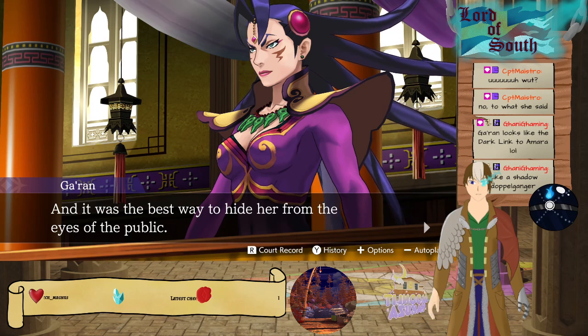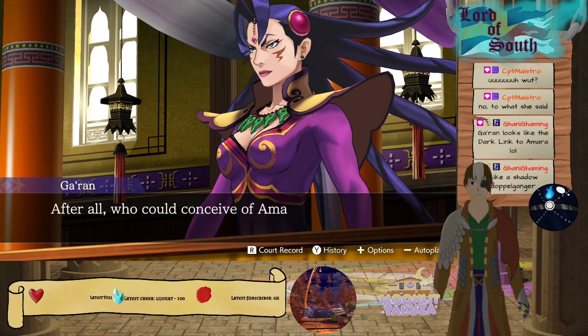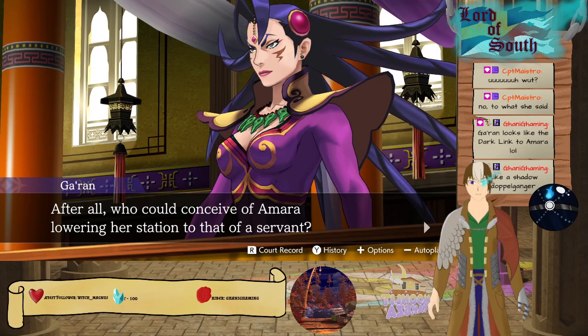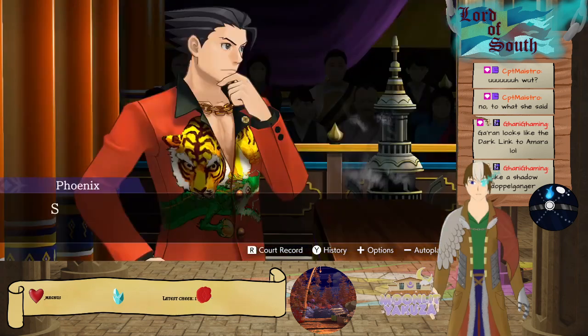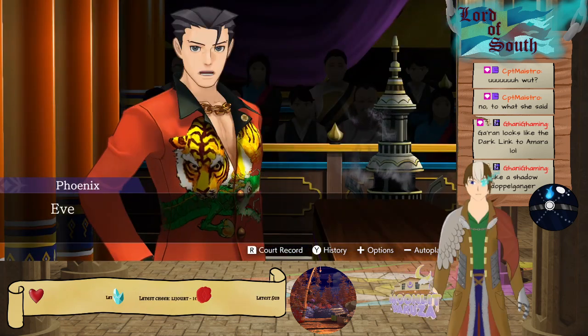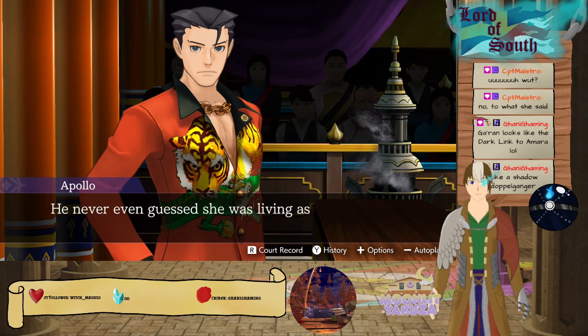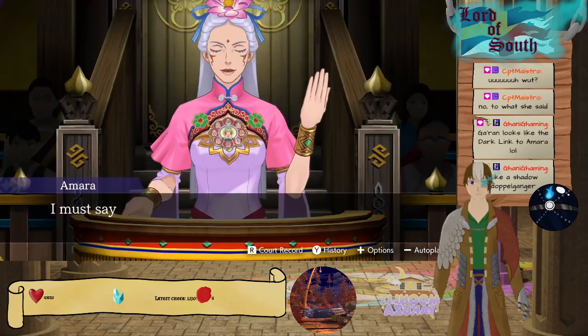And it was the best way to hide her from the eyes of the public. After all, who could have conceived of Amara lowering her station to that of a servant? Even the Rook thought Amara was being held captive in some far-off place. Never even guessed she was living as a servant right in plain sight.